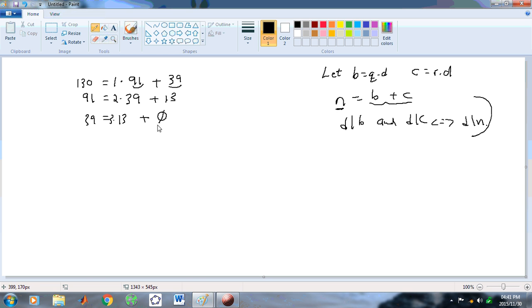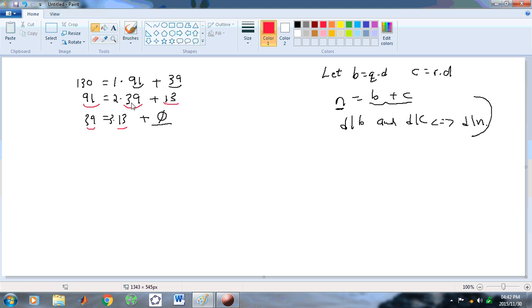So there must always be a 0 remainder in this process. And once we get to the 0 remainder, that is the stopping condition. You will see that if you look at this process here, 13 divides both 13 and 39, right? And of course we know that if it divides both 13 and 39, then it's going to divide 91 as well, yes?